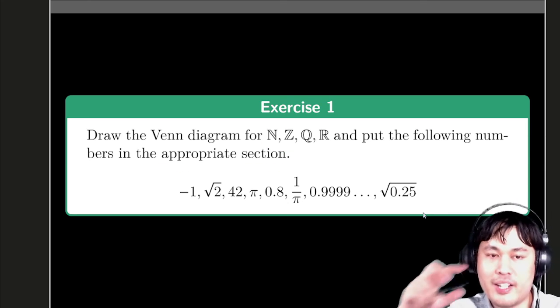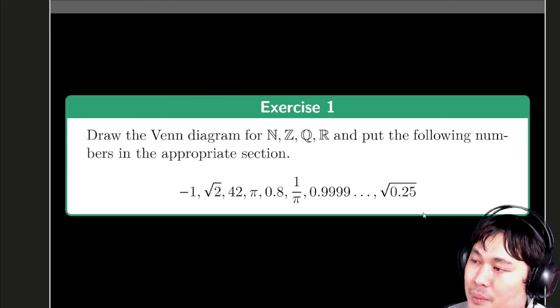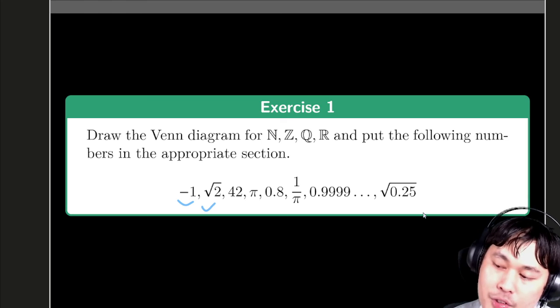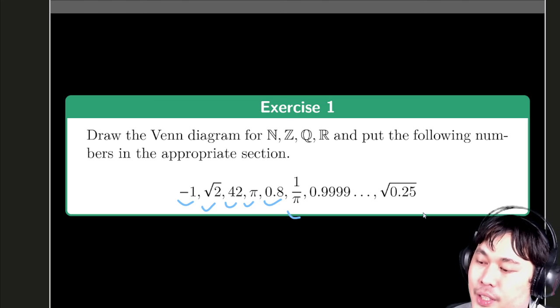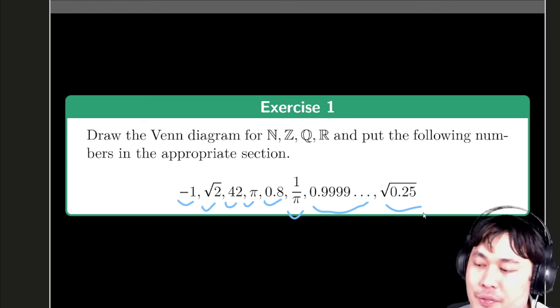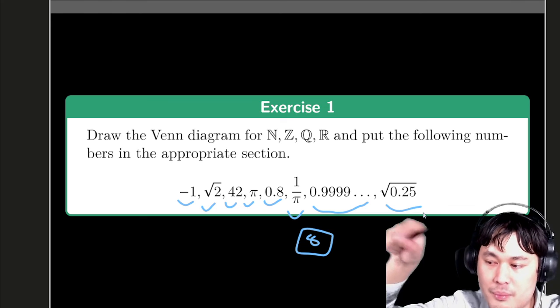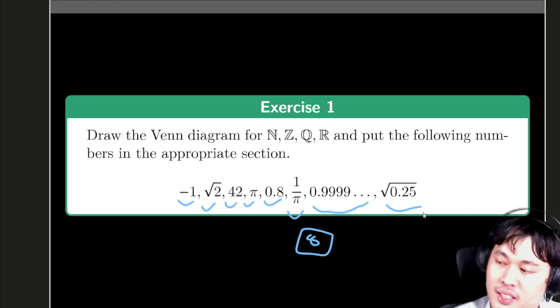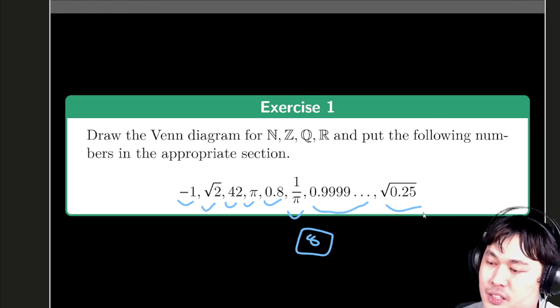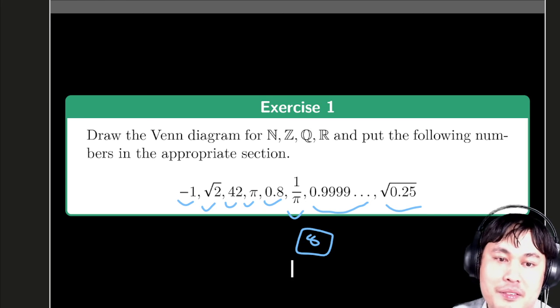So you get diagrams, nested circles, and there are numbers: -1, square root of 2, 42, pi, 0.8, 1 over pi, 0.999..., square root of 0.25, and so on. So put these 8 numbers in the appropriate sections. So yeah, that's the first part.